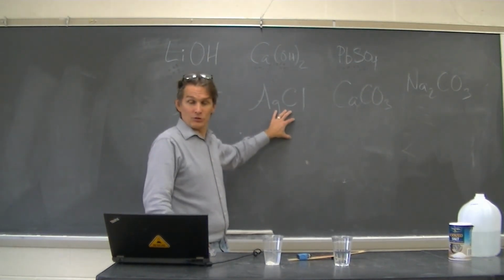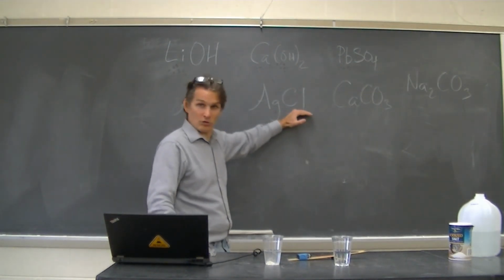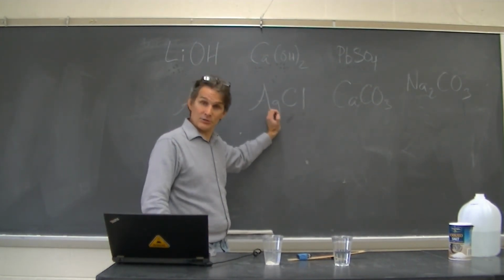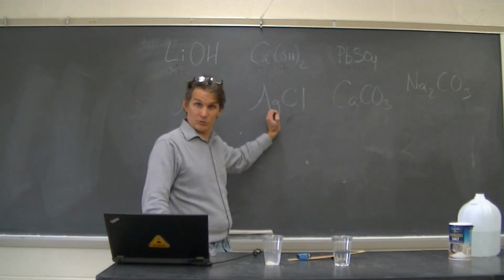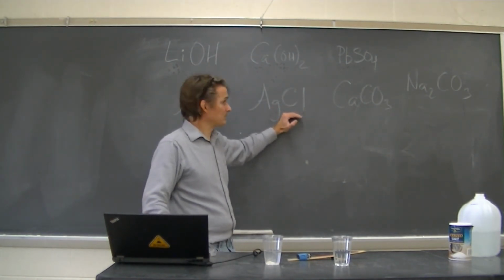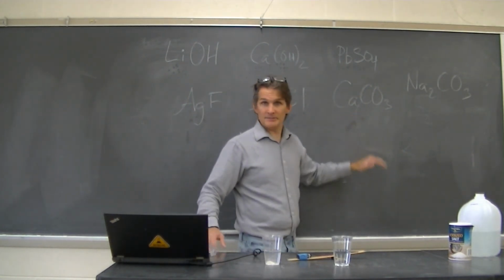If we go to silver chloride, I know that most chlorides dissolve in water, but there are some exceptions, and silver happens to be an exception to that rule. So silver chloride does not dissolve in water. Calcium carbonate.